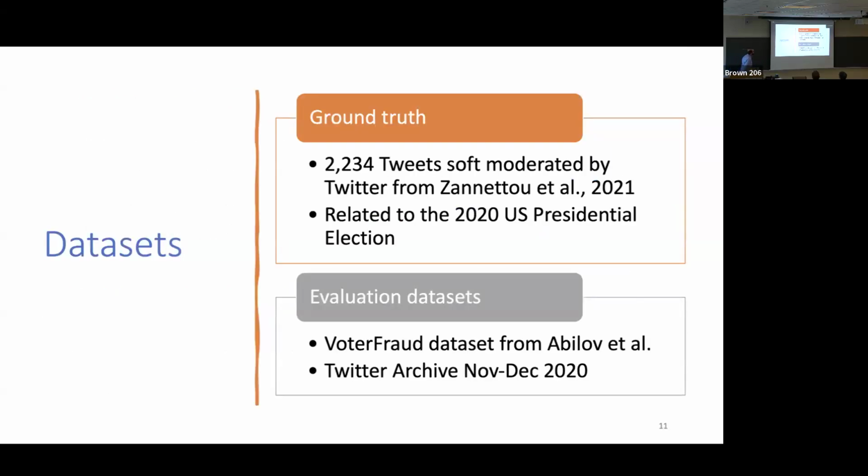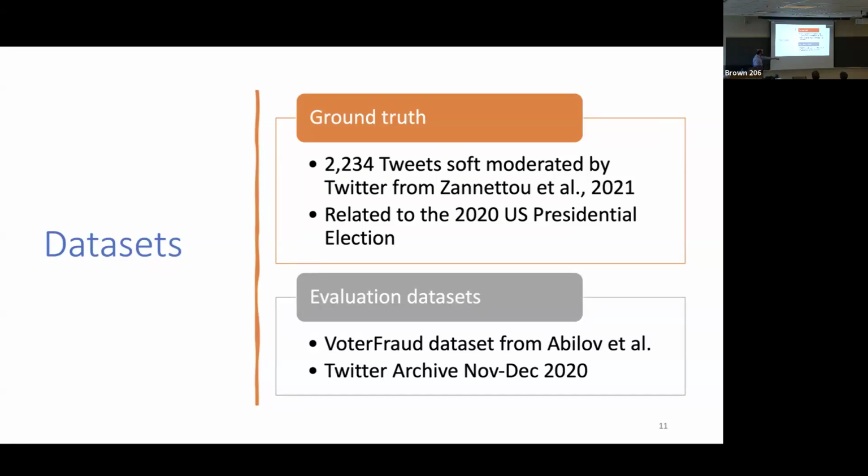So our ground truth comes from a data set of tweets that were soft moderated by Twitter during the 2020 election. These are related to the 2020 election, election denialism and things like that. And then our document store, so the tweets that we don't know anything about, comes from two sources.